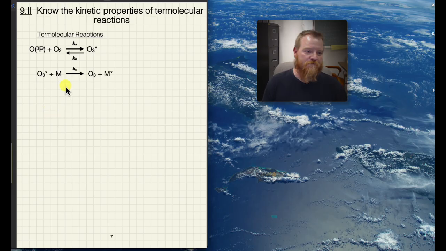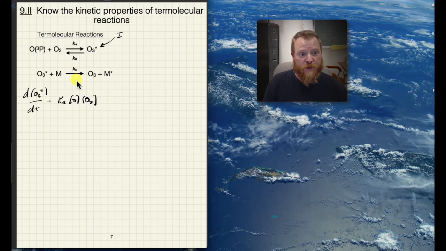Okay, so we'll write the rate law for O3 star, our intermediate. So I'll just point that and say that is I, that's our intermediate. And then here, instead of using 1s and 2s, I used A's and B's just to mix it up a little bit. So the production of O3 star is going to go Ka times O times O2.